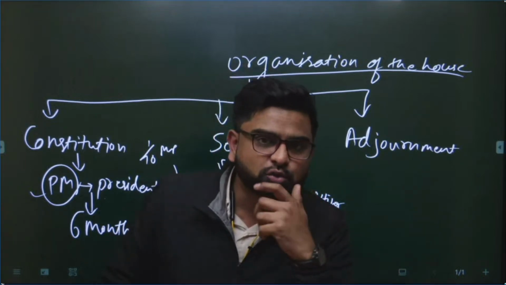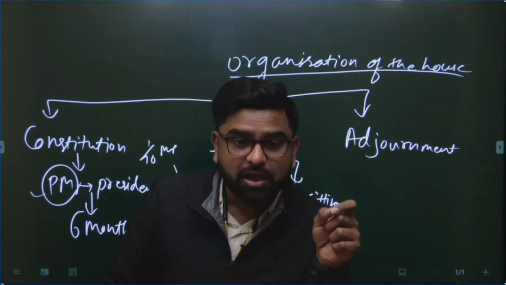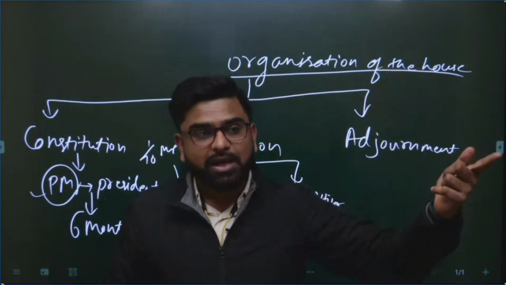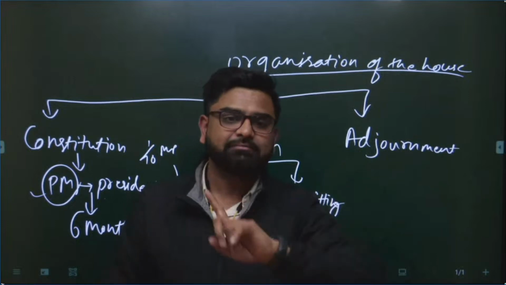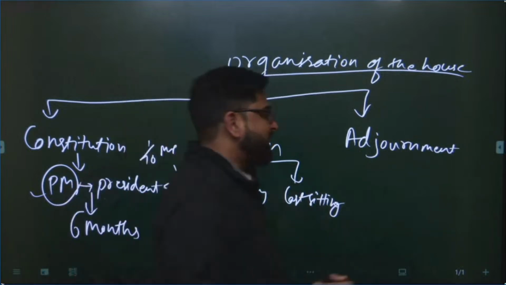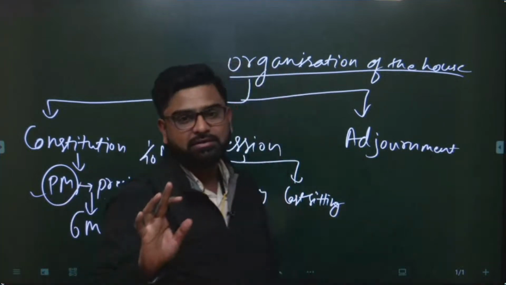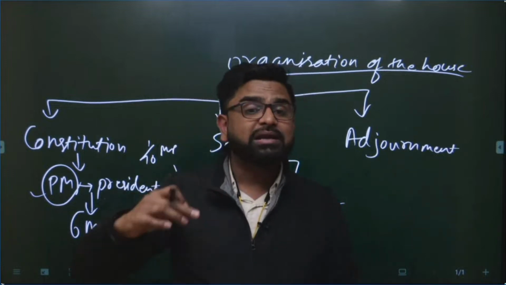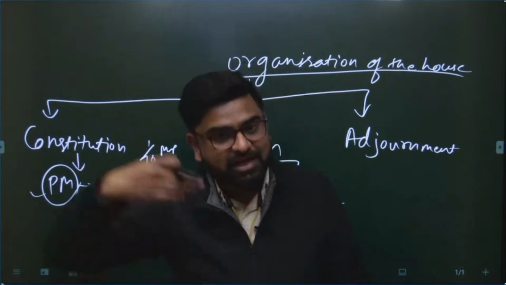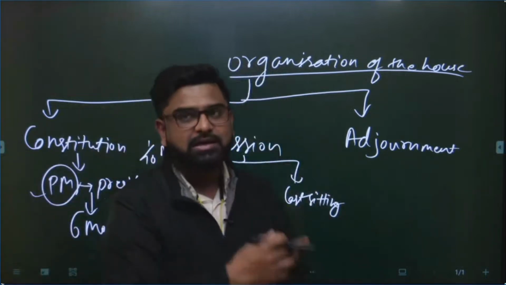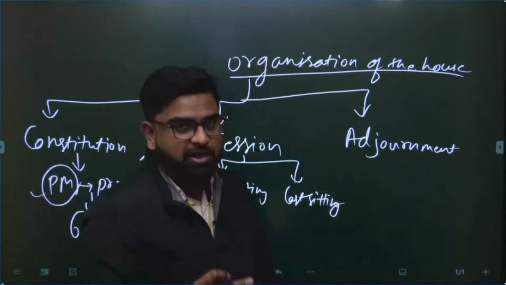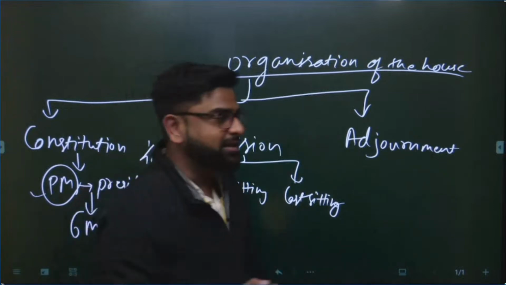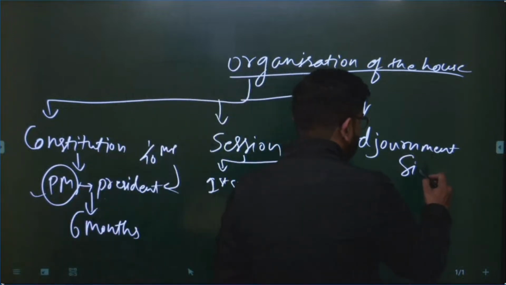If he says today's sitting is adjourned and we will reconvene at this date at this time, that will be known as adjournment only. Adjournment means ending of a sitting, but if we declare the time of reconvening of the sitting, then it is called adjournment. If we do not mention time and date, then it will be called adjournment sine die.